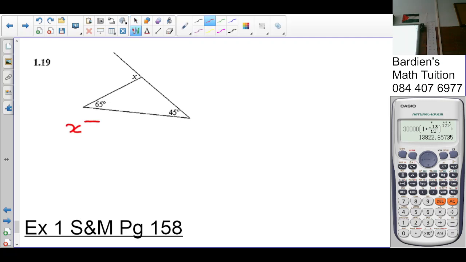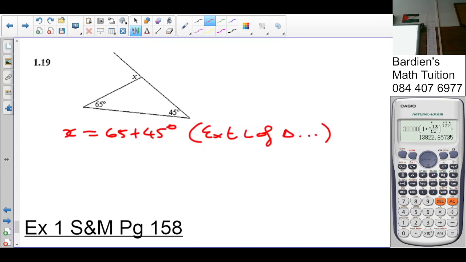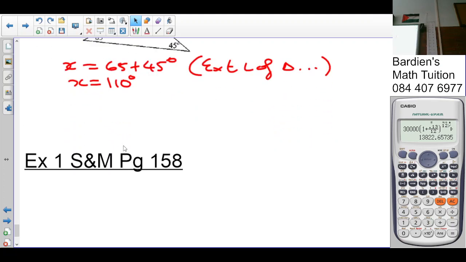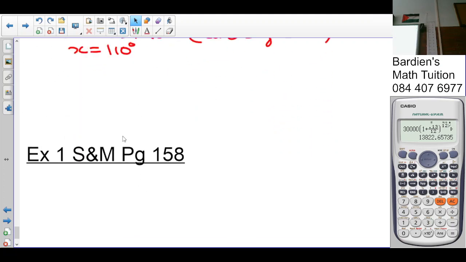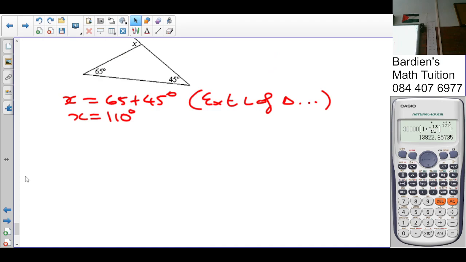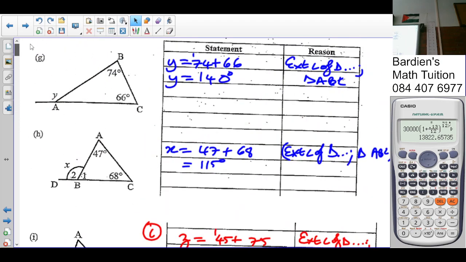X is equal to 65 plus Y. Exterior angle of triangle is equal to the sum of the two interior opposites. Which gives you the answer, 10 degrees. Okay. So can you delete this one?